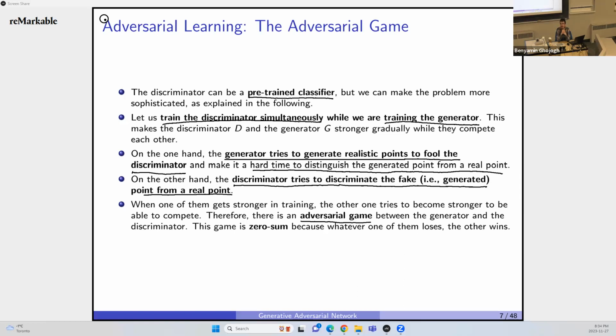So as you see, we have an adversarial game between them. It's a game in game theory, right? And it's a zero-sum game. What do I mean by zero-sum game? In a game, every player has some payoff or benefits. Of course, every player wants to maximize its own payoff, right? If one player gets the whole benefit, in this case the payoff of the other player becomes 0, it's a zero-sum game.